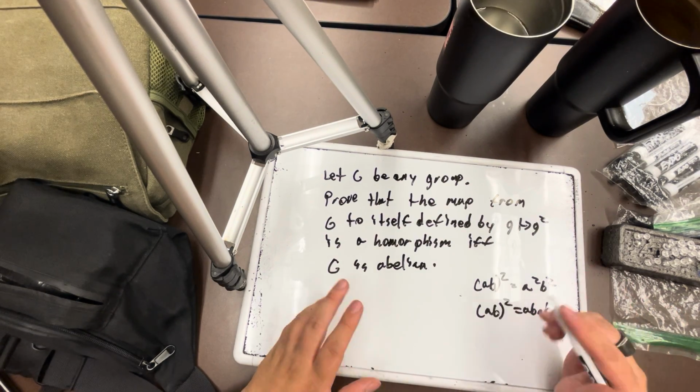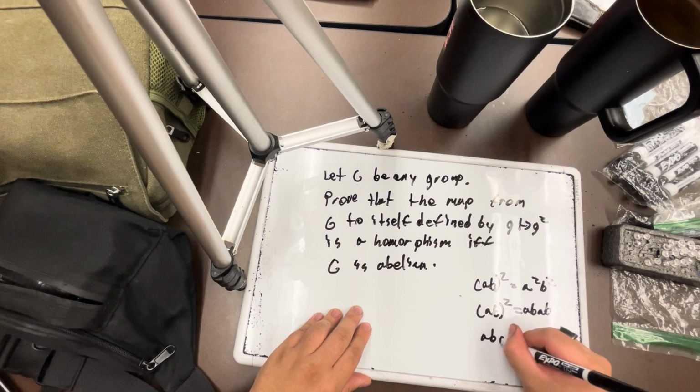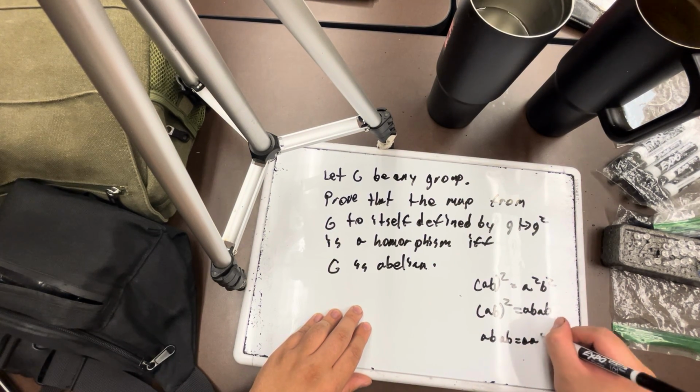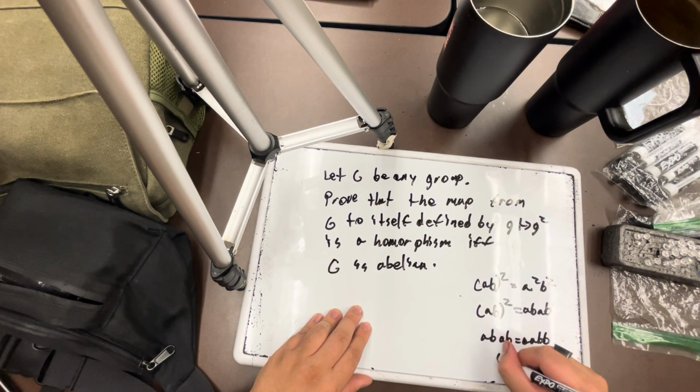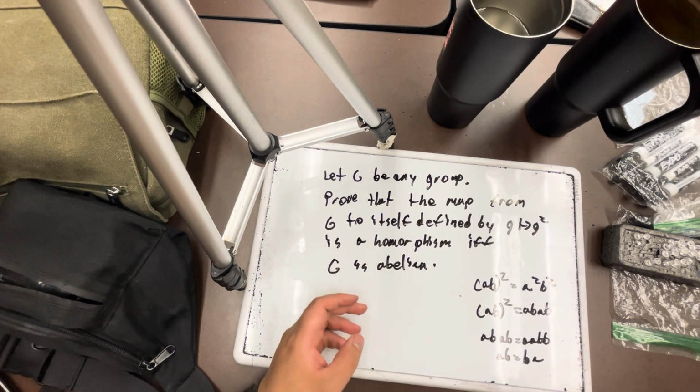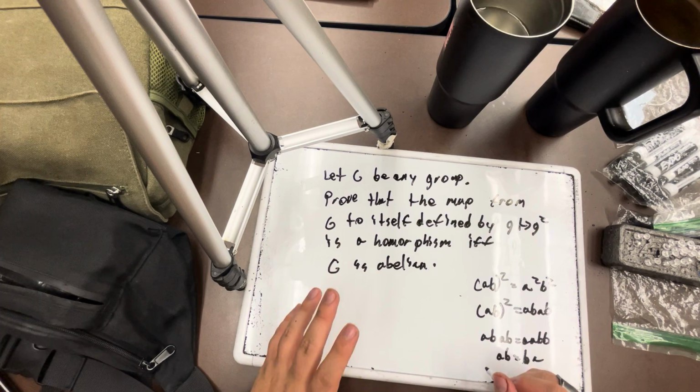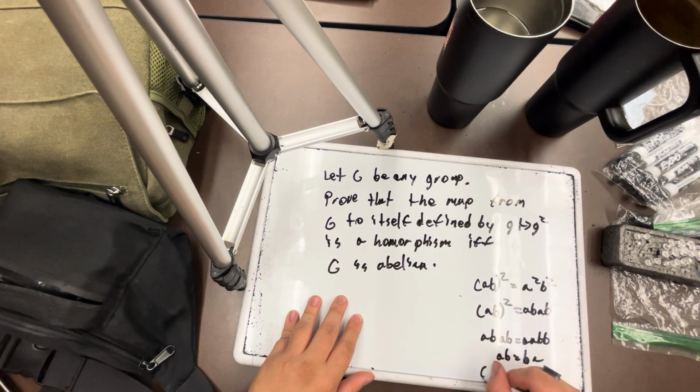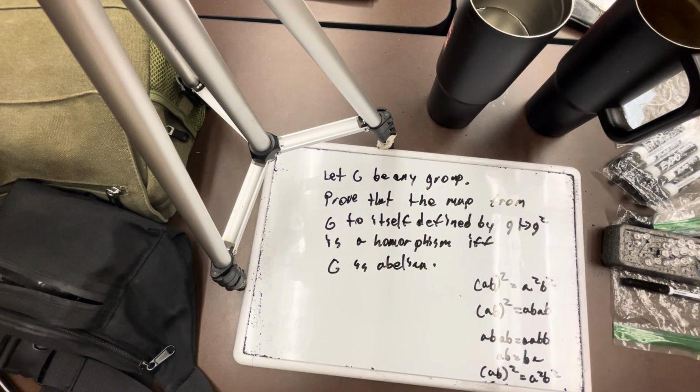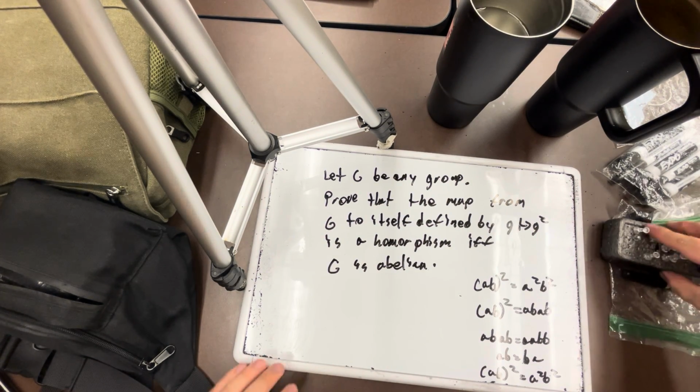So the condition becomes abab is equal to aabb, which forces ab to equal ba, right? Conversely, if G is abelian, then we want (ab)^2 to equal a^2 b^2. We want that to hold automatically, right? So let's look at that a bit more rigorously.